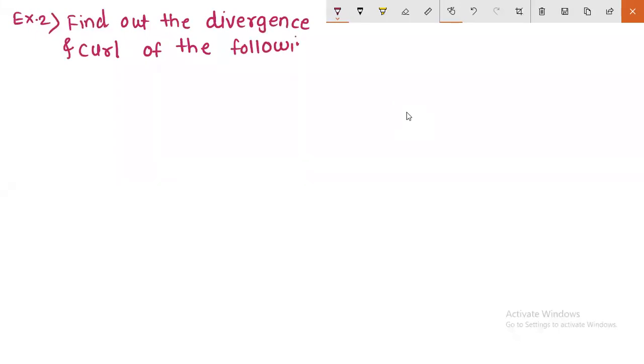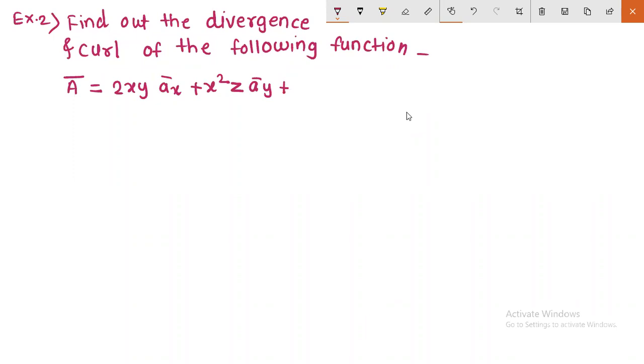Here one vector is given, that is a bar, which is equal to 2xy into unit vector a bar x plus x square z into unit vector a bar y and plus z cube into unit vector a bar z.